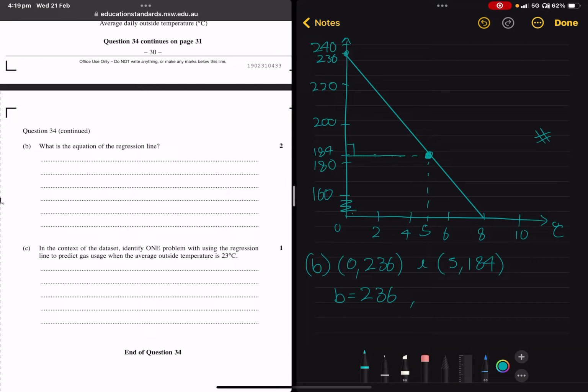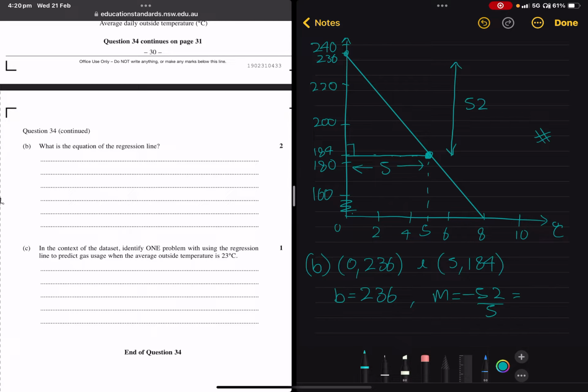So that's going to be the rise over the run. The rise in this triangle will be this value. So 184 up to 236, that is going to be 16 plus 36, which will be 52. The run will be from 0 to 5, which is 5. So our slope m will be 52 on 5, but it's going to be negative because it's going downwards.